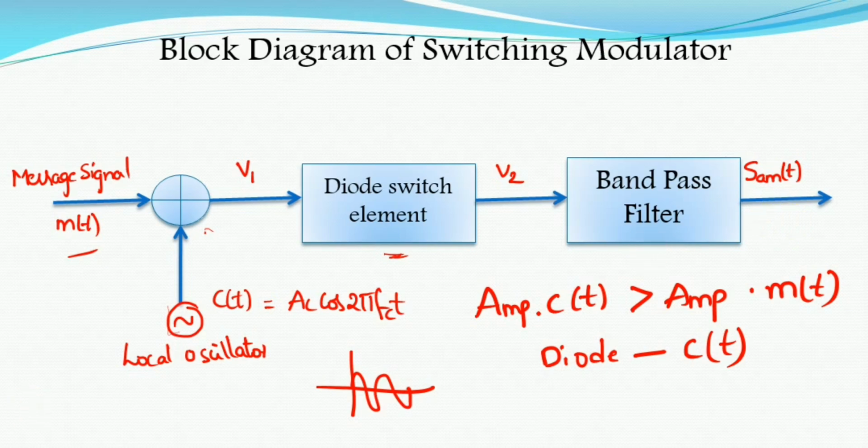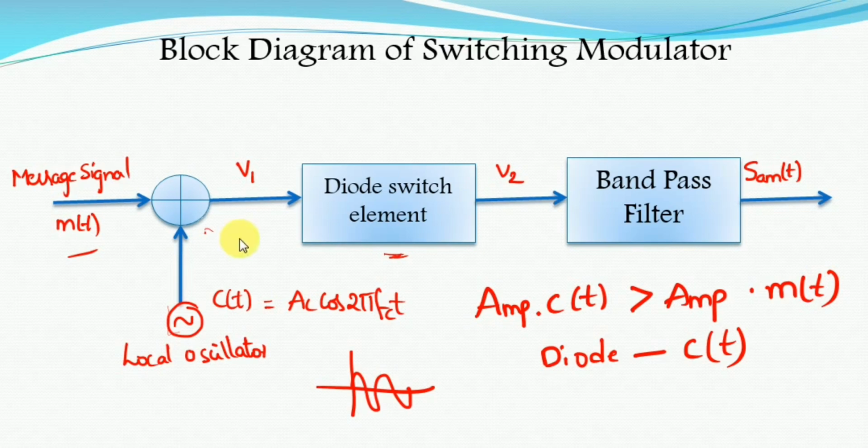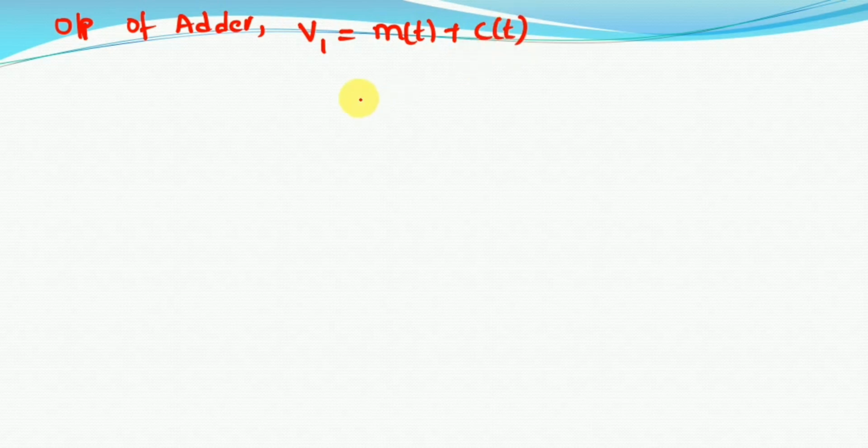Now let us see the mathematical analysis of the switching modulator circuit. Let us see the output of the adder block. The output of the adder is indicated with V1, and its value is the summation of message and carrier, that is m(t) plus c(t), where c(t) is the signal generated from the local oscillator.